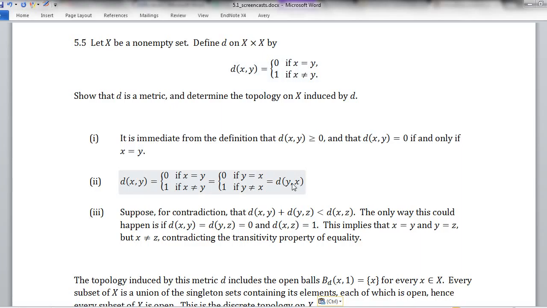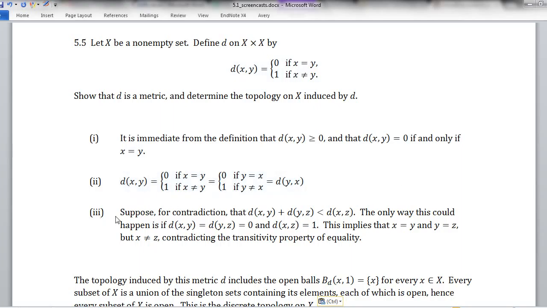Distance from y to x would be the same thing, just switching the x's and the y's. But x equals y if and only if y equals x, and the same thing for not equal to. So basically the fact that equality is an equivalence relation and is symmetric implies that this metric is symmetric as well.